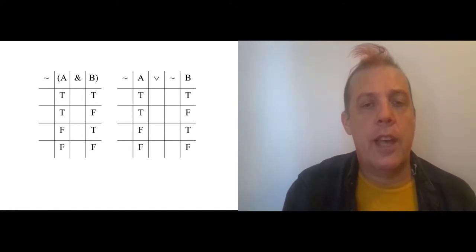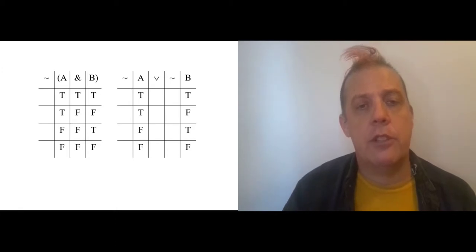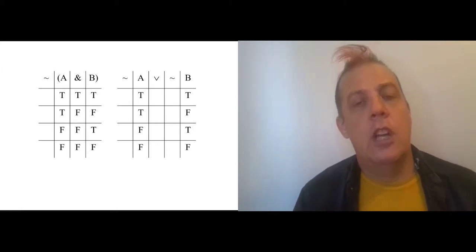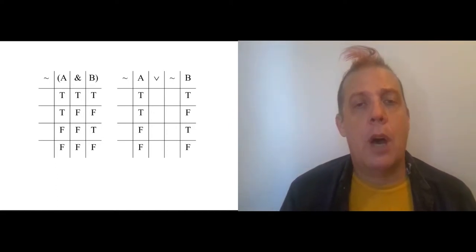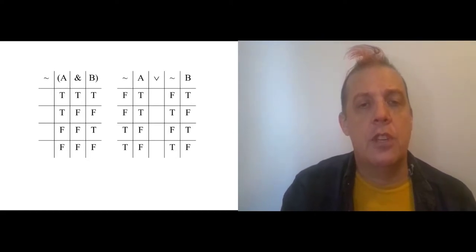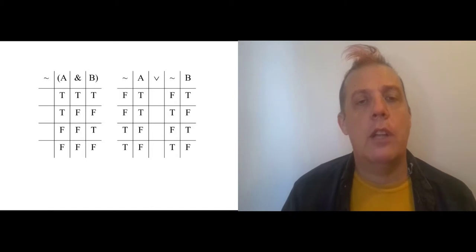So it looks like that, right? And that's just the characteristic truth table for the and. In the other sentence, the or comes later in the order of operations. What modifies the initial two letters A and B are the two negations. So we fill those in, right?